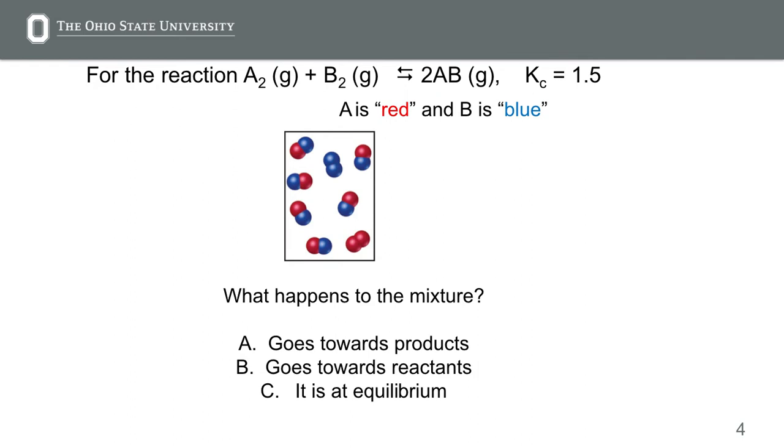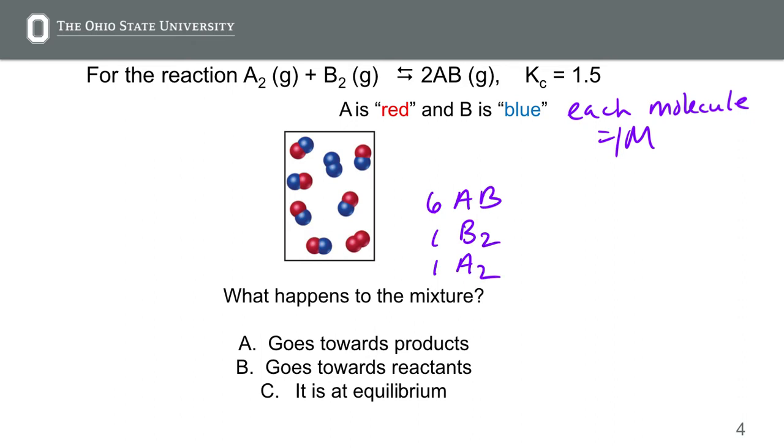But in any case, A is red, B is blue, and each sphere, each molecule, represents 1 mole per liter. So we have in our box here 1, 2, 3, 4, 5, 6 of AB, 1 of B2, and 1 of A2.